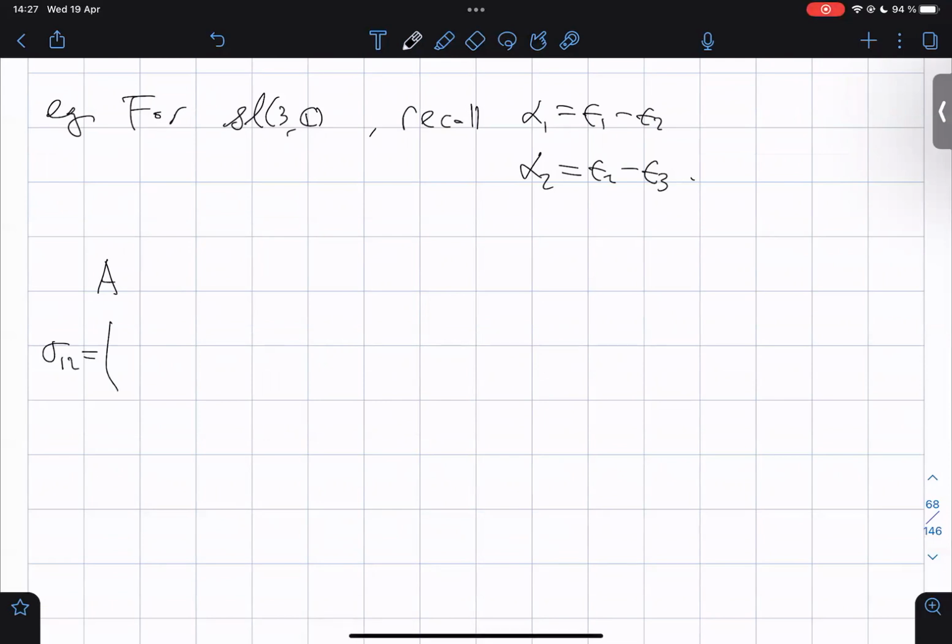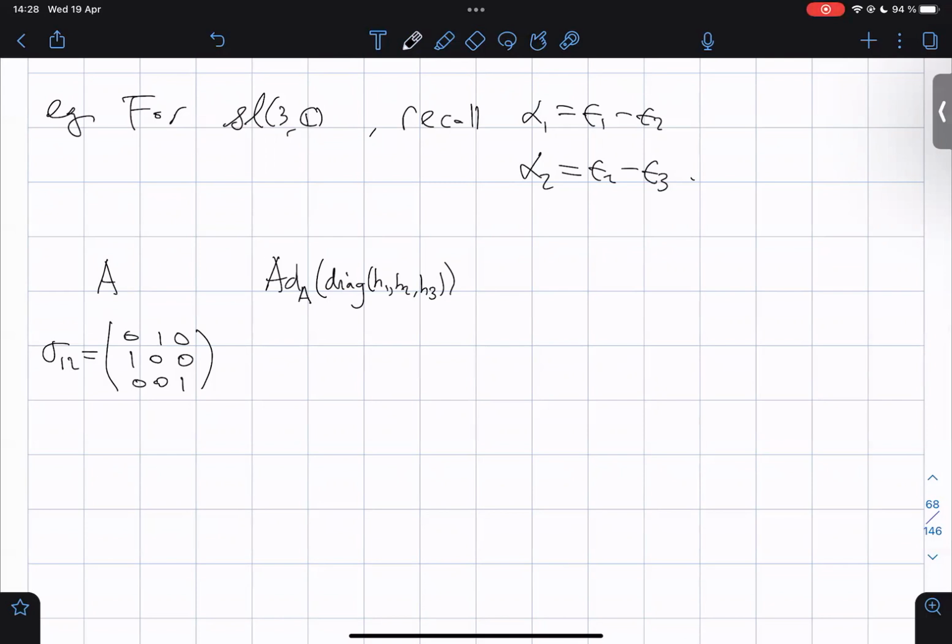Here's a 3x3 matrix: 0, 1, 0, 1, 0, 0, 0, 0, 1. This is a swap between the first and second basis elements, and the second column is its effect, via the adjoint action on an H. Which H? It's the one we're usually using.